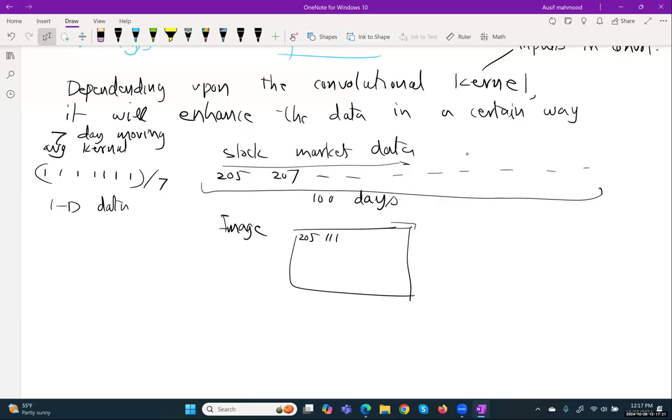Each pixel has a value 0 to 255. So there are a bunch of numbers over here, second row, third row, each number between 0 and 255. That's how the pixel is. So an image is basically 2D data.